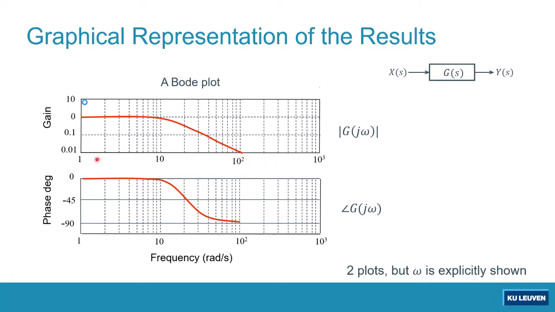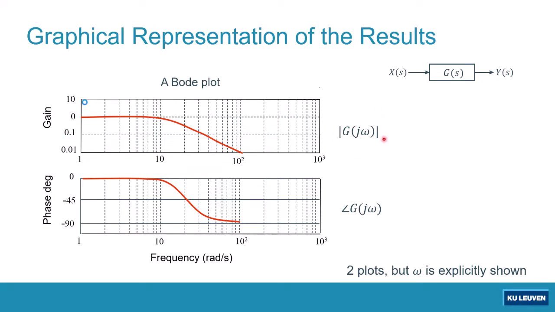So again, once more, the horizontal axis is frequency in logarithmic scale. The vertical axis of the phase plot is angle in linear scale. The vertical axis of the magnitude plot is the gain or the magnitude of G(jω) in dB scale.